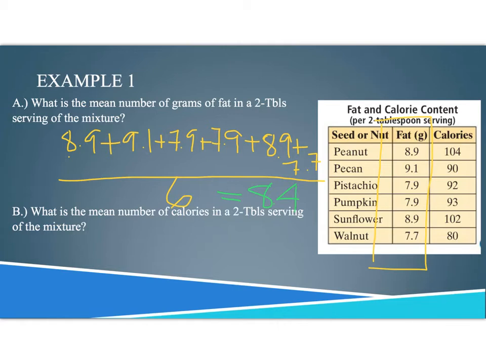Likewise, for part B, it says, what is the mean number of calories in a 2 tablespoon serving of the mixture? So again, I'm going to add up all of the calories.